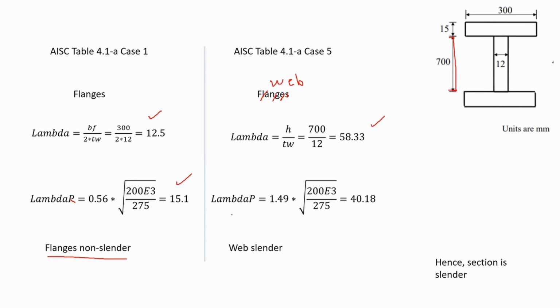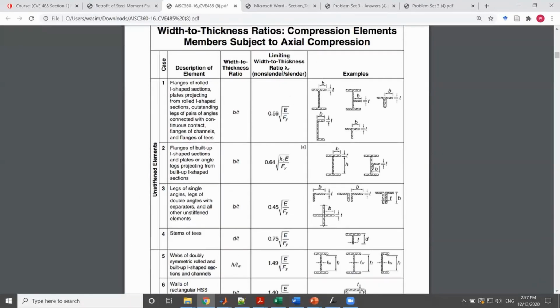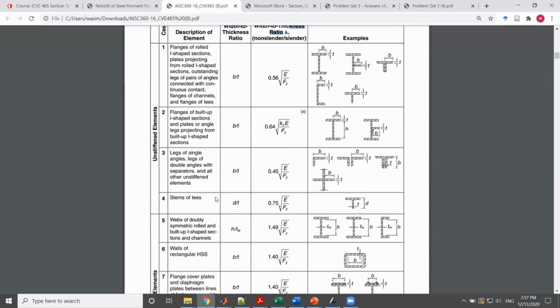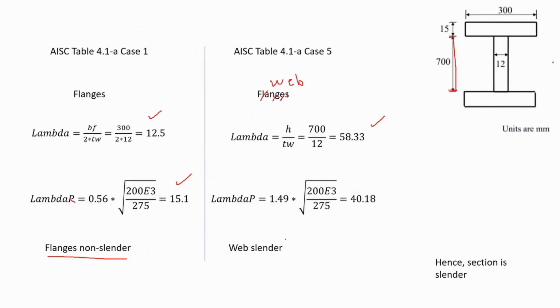Now if we check for the other lambda that we need, we see that for the web case, case number 5, it is 1.49. So 1.49 multiplied by the whole value we have here is 40.18. So as you can see, for the web, your lambda is actually bigger than lambda r.